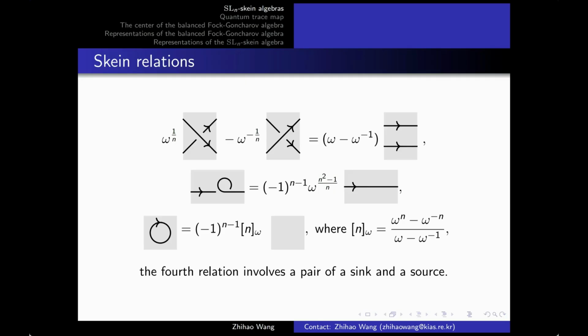We believe that the SLN skein algebra should be finitely generated, but the family of framed links is not finite. For SL2 and SL3, people have already proved that the skein algebra is finitely generated by something.